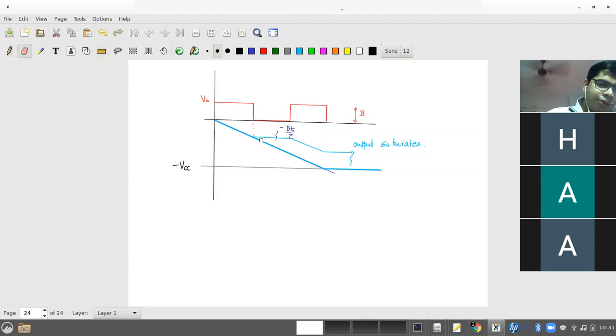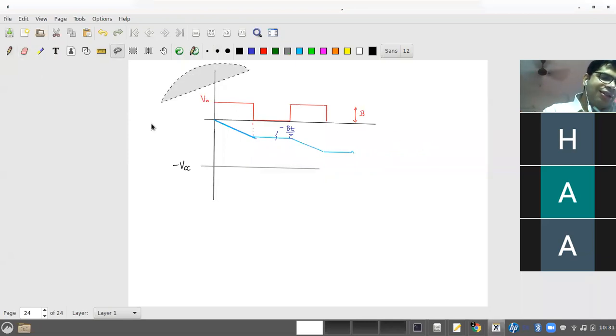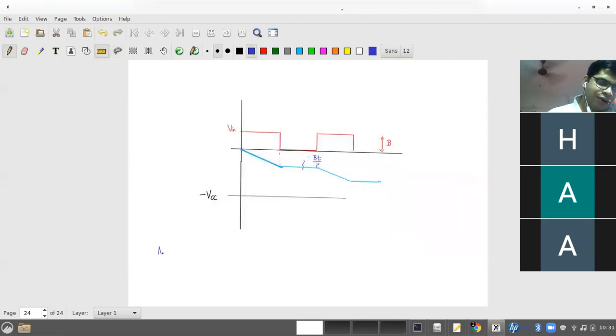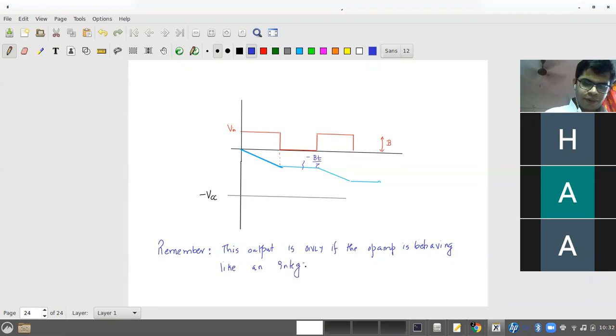So far, so good. That's very good. But keep in mind that this is if the circuit is actually working with feedback.